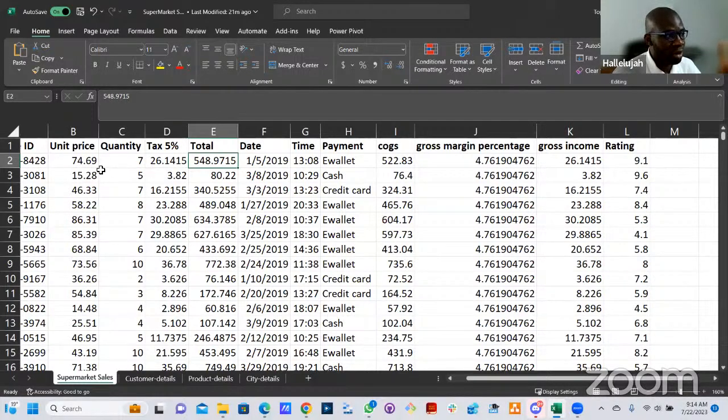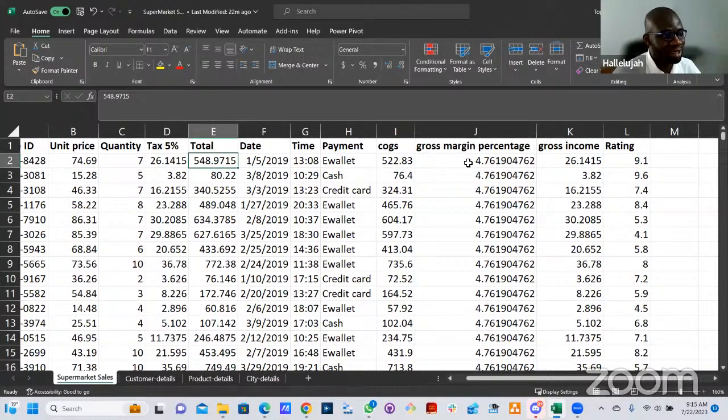If you multiply these two numbers together, you will get this. Now, if you had 5% tax, which is 5% of this, you will get this. When you add this and this together, you will get this. So I'm just telling you the calculation behind this.